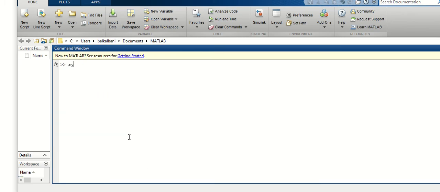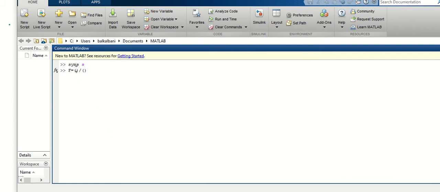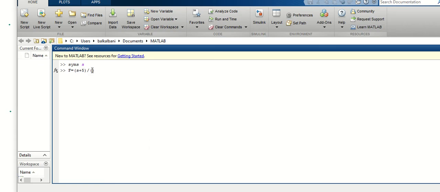Okay, so SYMS space S, enter. Then F capital is equal to, we have an expression in the numerator and an expression in the denominator. In the numerator we have S plus 5, and in the denominator we have S plus 1 multiplied by S minus 3.